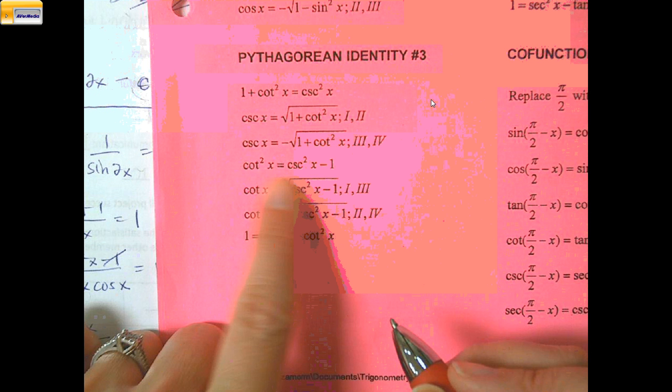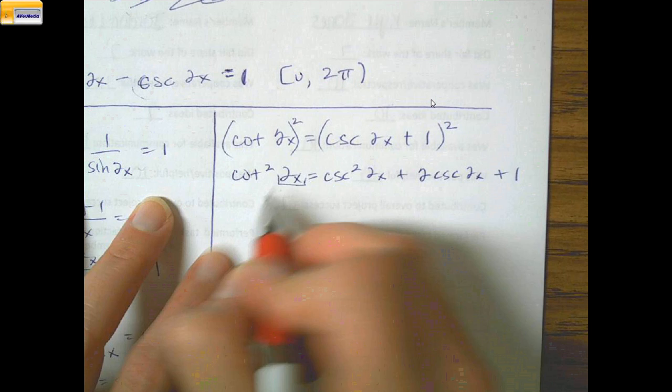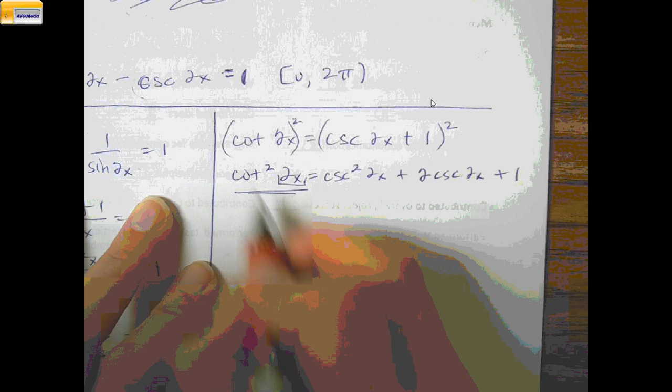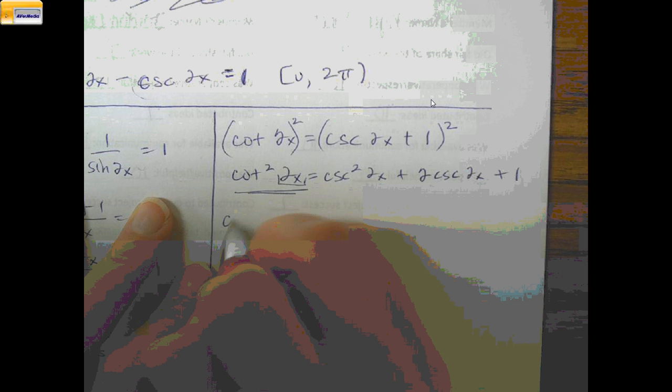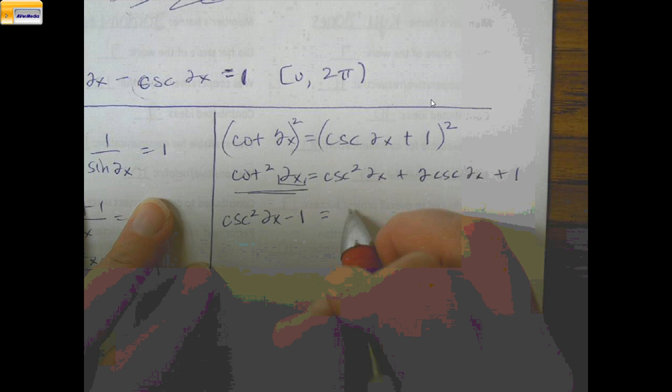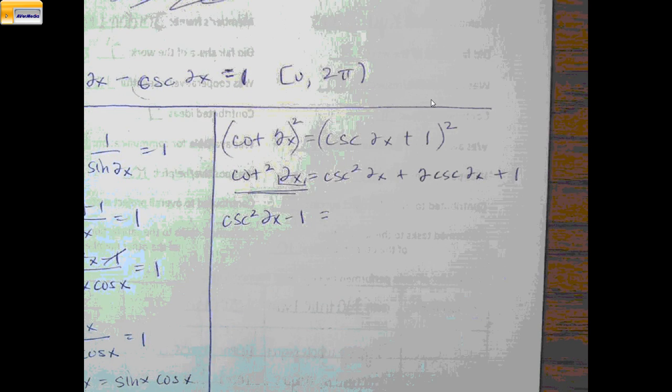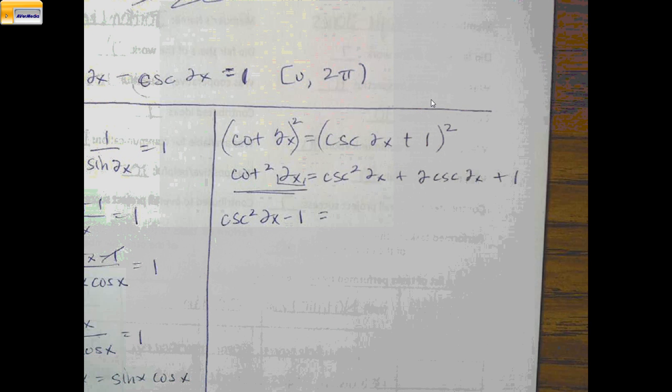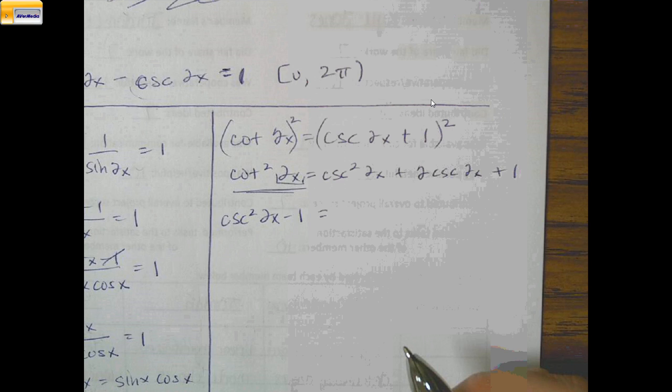If I have 2x here, I just have to have 2x there. It's the same thing. So we're going to use this identity, and we're going to exchange that out for cosecant squared 2x minus 1. And then on the right hand side, is there anything I can put together? No, it's just kind of the same.